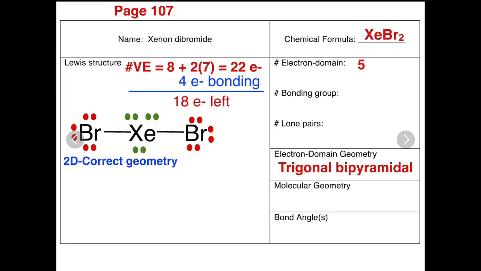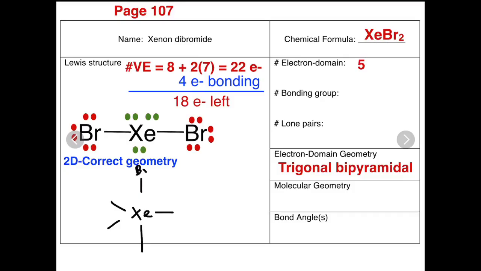So what would the trigonal bipyramidal look like? Well, we already saw earlier, it looks like a triangle base in the middle, and then we have a top and bottom like that. So trigonal bipyramid. So pretty much we have 2 bromine.